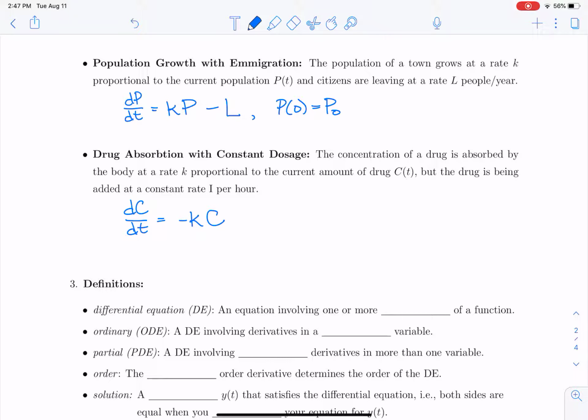But now the drug is going to be added back, maybe through some sort of IV that's hooked up to the person, streaming in that drug.